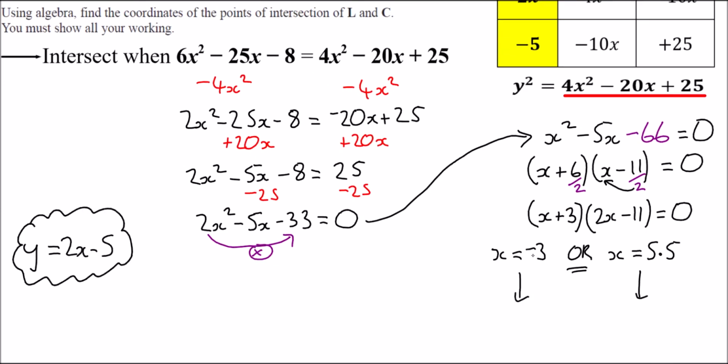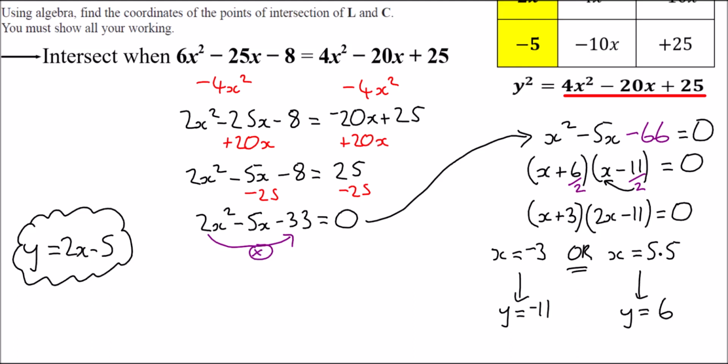So when x is minus 3, the corresponding value of y will be 2 times minus 3 minus another 5. 2 times minus 3 is minus 6, minus another 5 gives minus 11. So when x is minus 3, y would be minus 11. Or when x is 5.5, y is going to be 2 times 5.5 minus 5. 2 times 5.5 is 11, then 11 minus 5 gives 6.